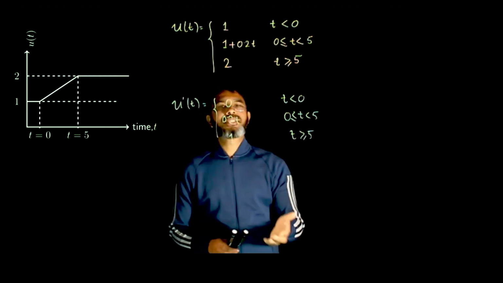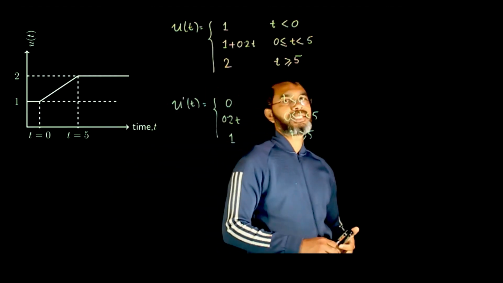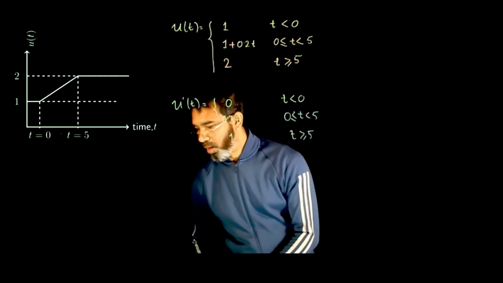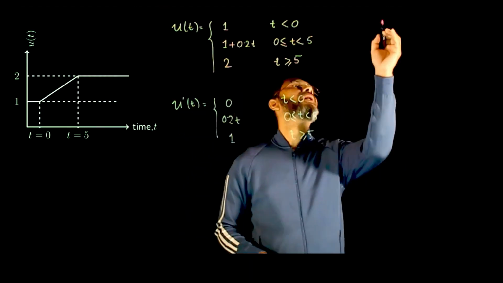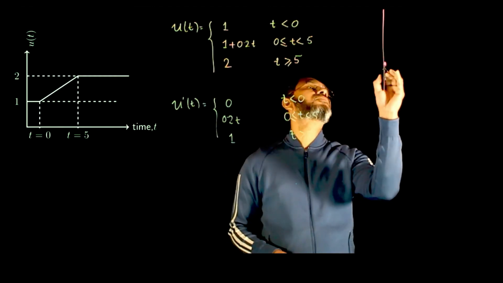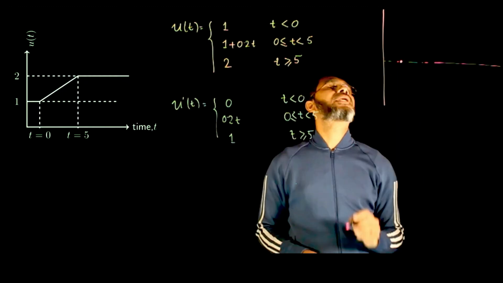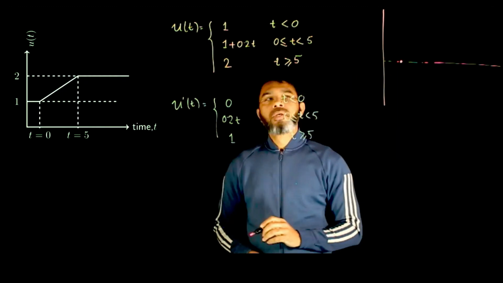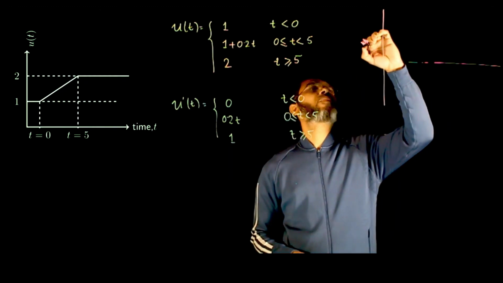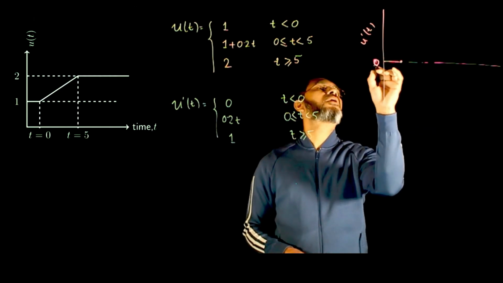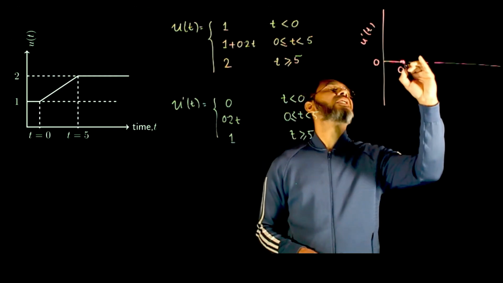Now how do we express this as a summation of either steps or ramps, or both? Consider this as time 0. The u prime t signal is 0 before time 0 and starts to go up.